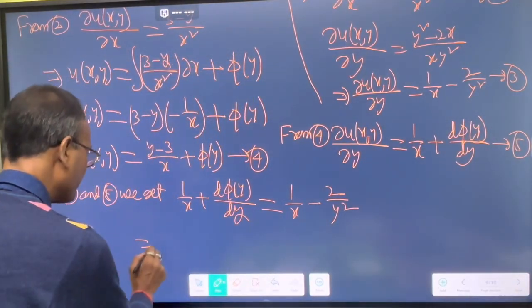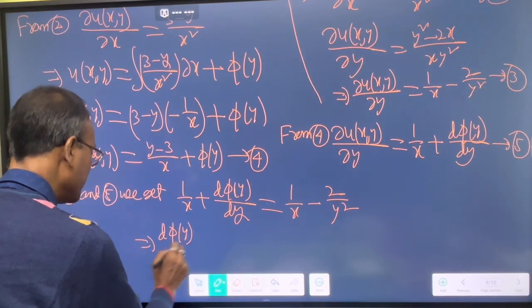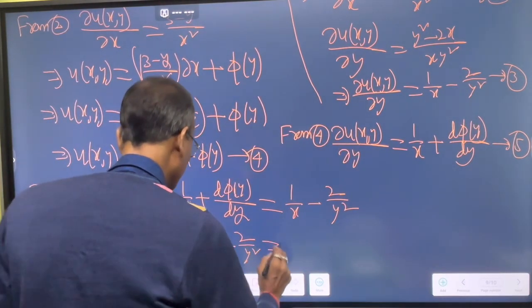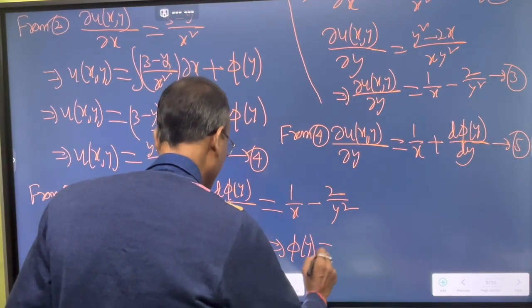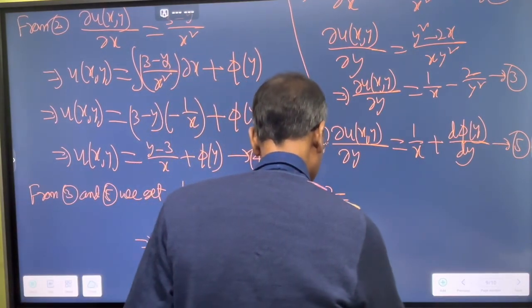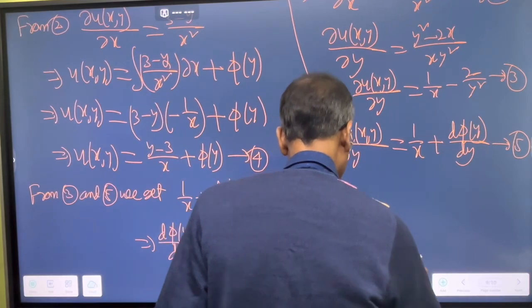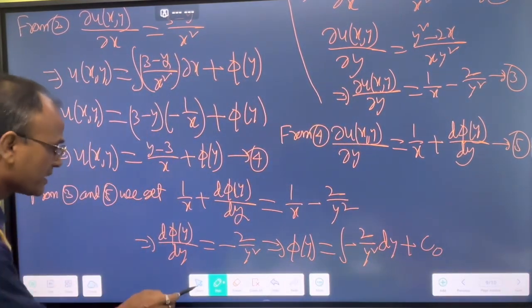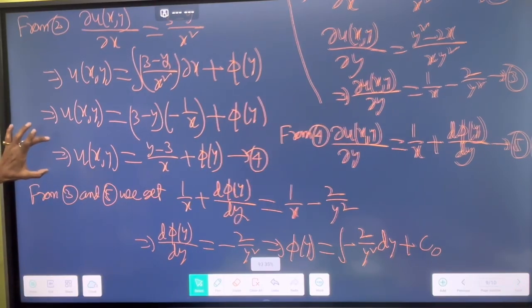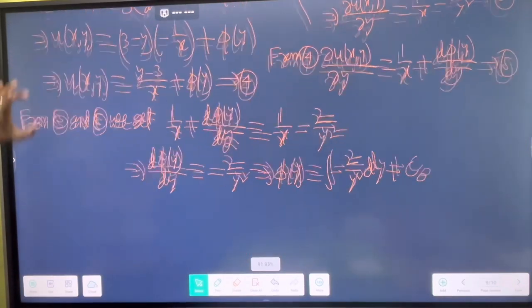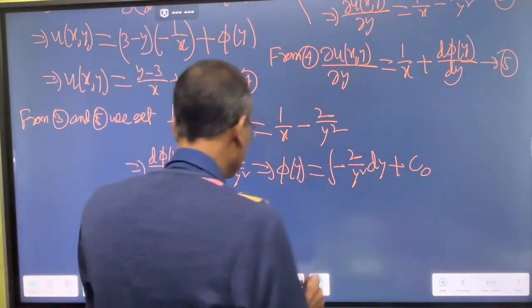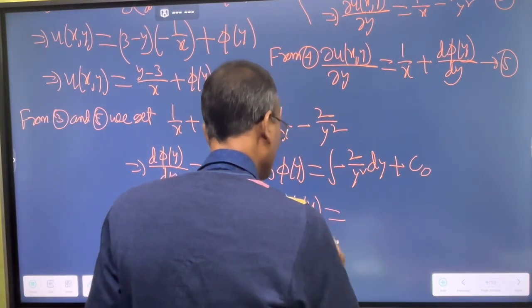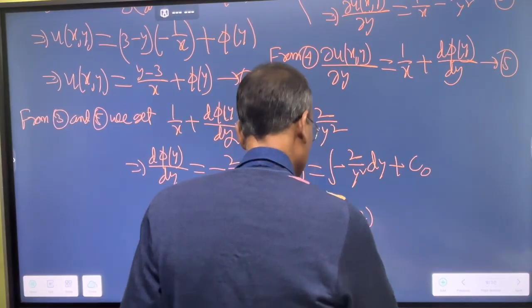This means dφ/dy = -2/y². This means φ(y) = ∫-2/y² dy plus the constant of integration c₀.